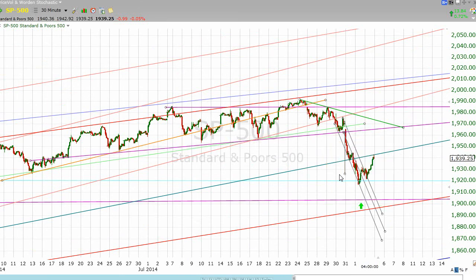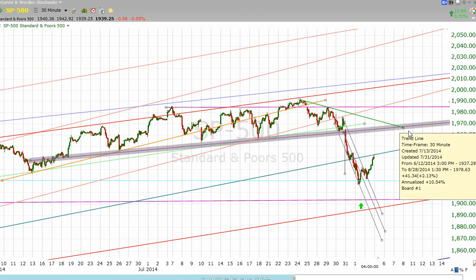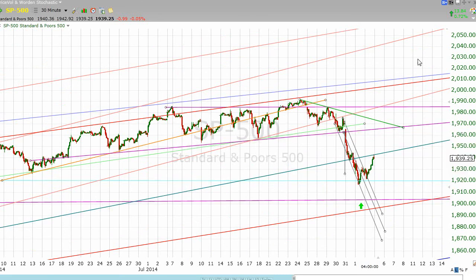The minimum target is in from this top. Let's now see if this is yet another instance where we can get some steam under us and go on to set a new high. I would love to see that happen as a bull. I would really like to see that happen.